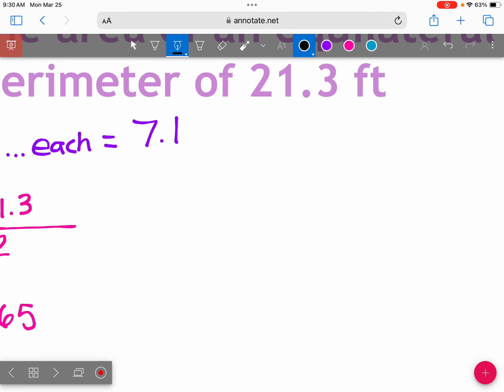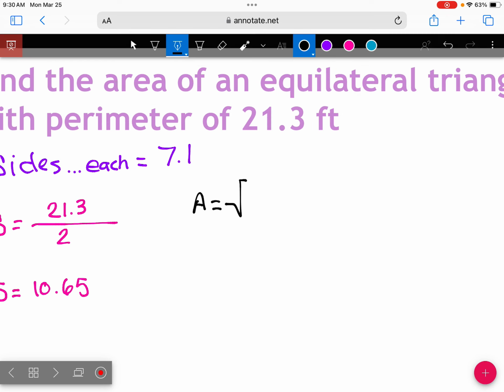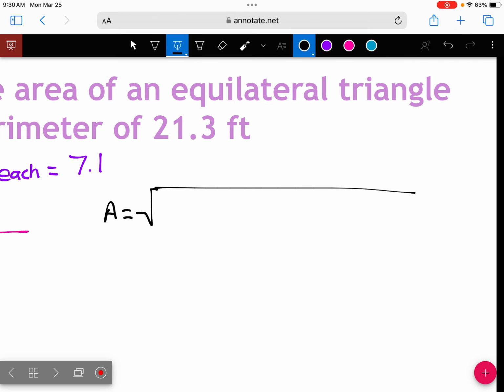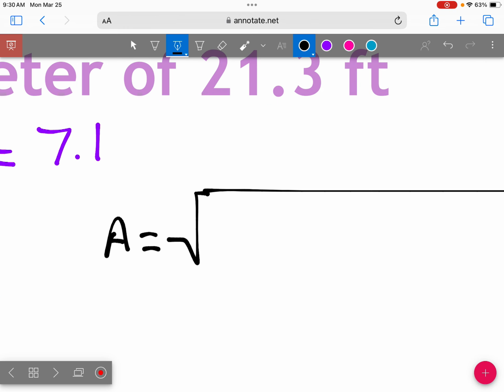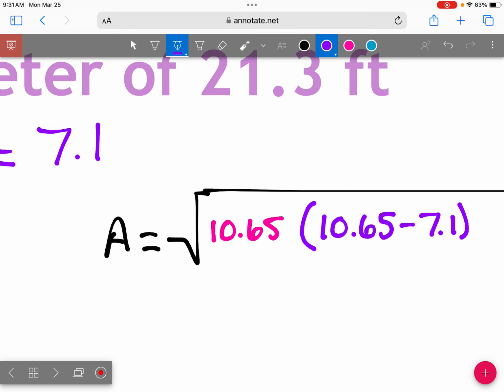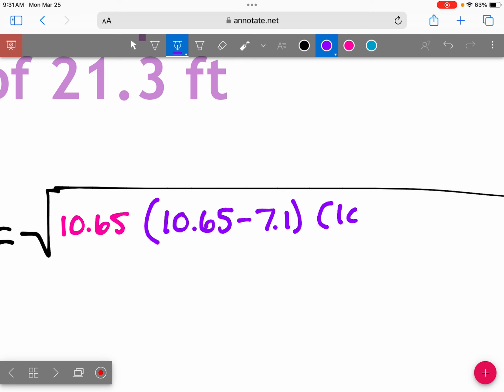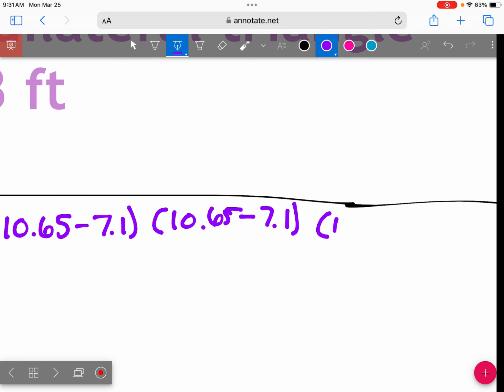So when we go into Heron's to find our area, I'm still going to write the whole thing out. So we're still going to have our S being 10.65. Then we're going to have our 10.65 minus 7.1 and 10.65 minus 7.1 and 10.65 minus 7.1.